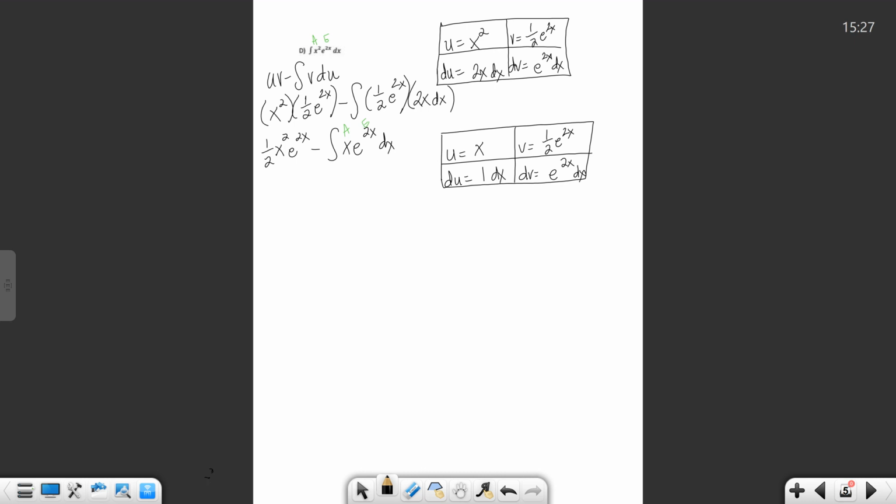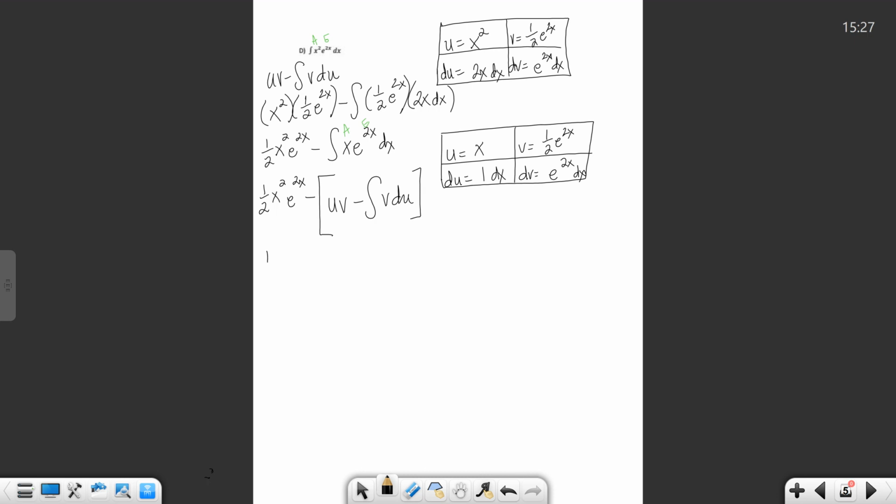Okay, so now we're going to have 1/2 x squared e to the 2x minus. This is going to be another uv minus the integral of v du. We're going to have to plug in those u's and v's and du's with our new box, but we want to be careful of this negative sign out front.